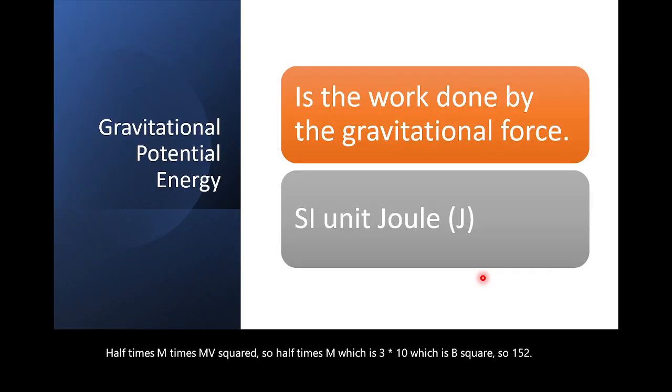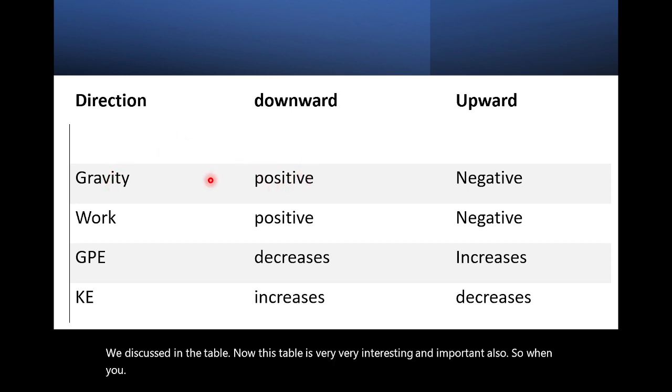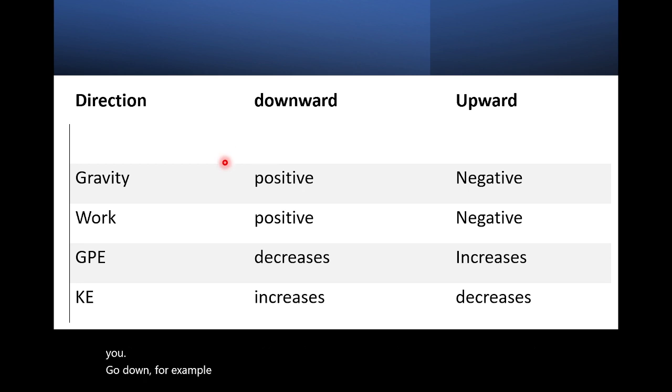Gravitational potential energy is the work done by the gravitational force, and the unit of GPE is joule. We discussed in the table. Now, this table is very, very interesting and important also. So, when you go down, for example, when you drop a ball downward, the gravity is positive.